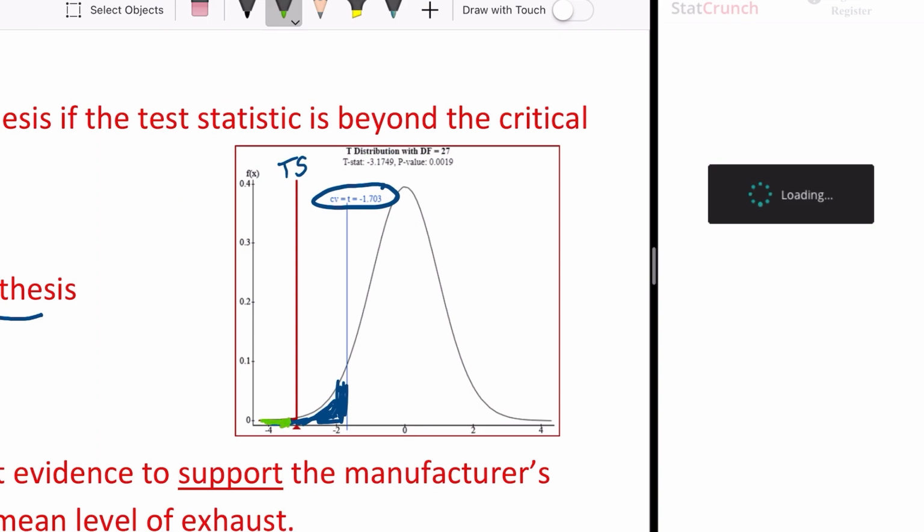So it's just that little bitty area to the left of the test statistic. That's my p-value. So it's definitely less than alpha, because the alpha is this area including that, beyond my critical value. Okay. Good.